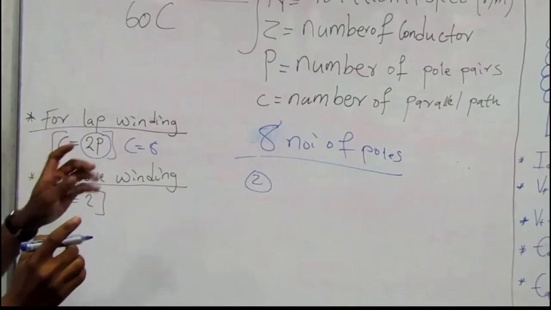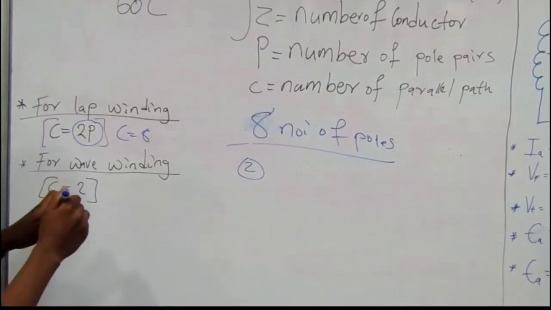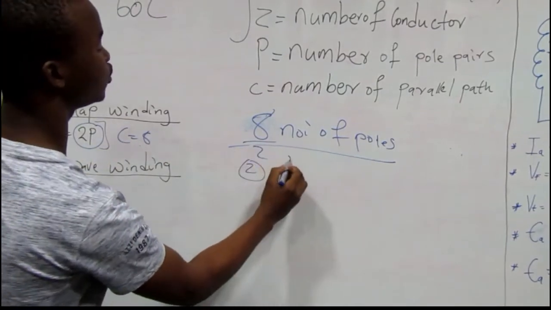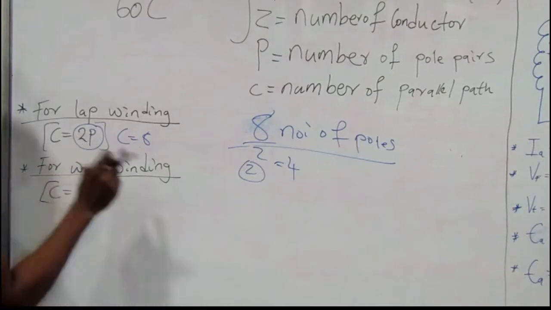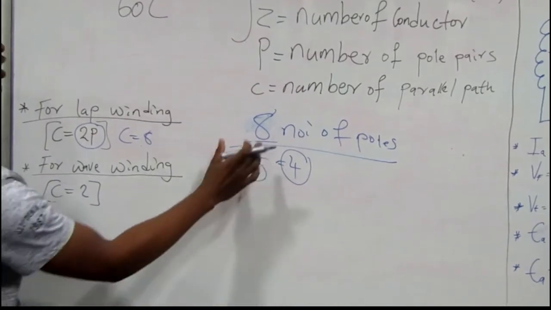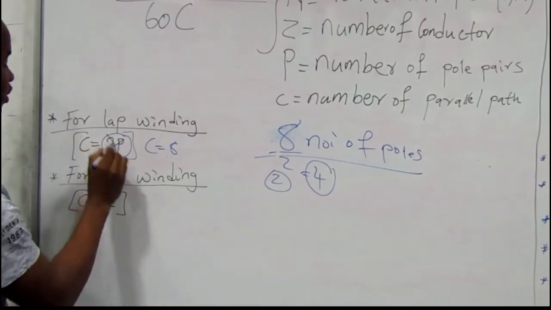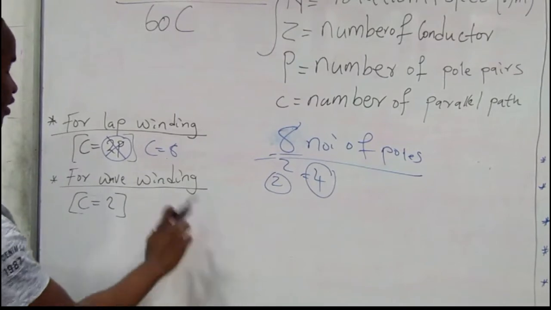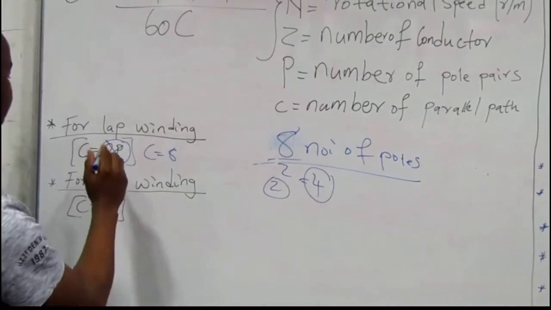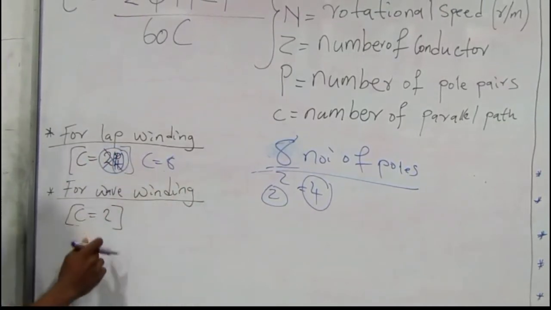But when you divide it, it becomes the number of pole pairs, so you substitute 4 here, which is going to be 8 again.